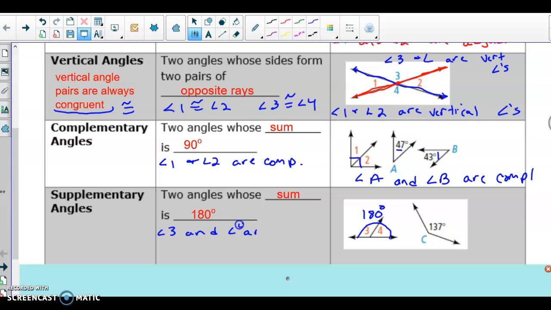Oh, left out the 4. And here I have a 137 degree angle. If I talk about angle B up here, angle B and angle C are supplementary because they have a sum of 180 degrees.